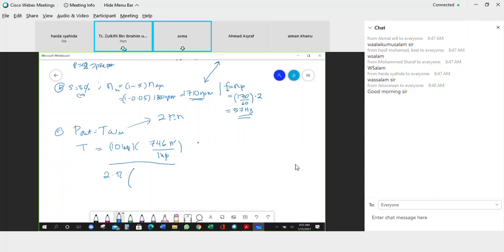So 1710 divided by 60. So this is your torque. 1 HP cancels out. So you have your final value 7460 watt divided by this one, cancel out 30.